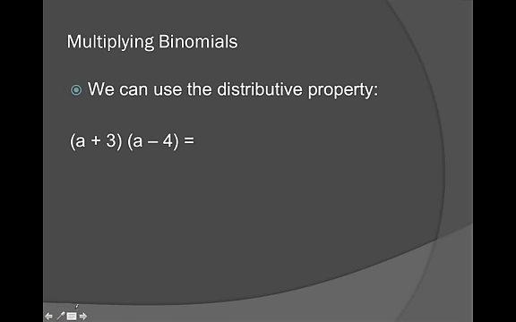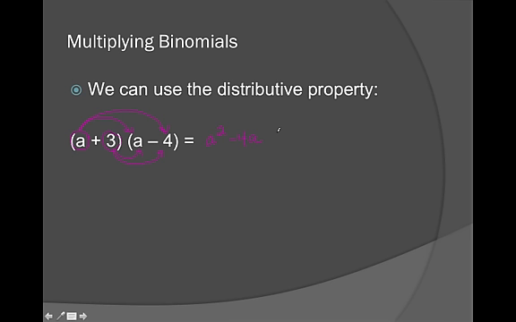Use the distributive property to multiply binomials. Notice I've got two binomials here, so I can split this up and I can multiply this first term by everything over here. So I'm going to distribute this first term over to here. So I'm going to have a squared minus 4a. Then I would also have to distribute this 3 to both the terms in the second binomial.